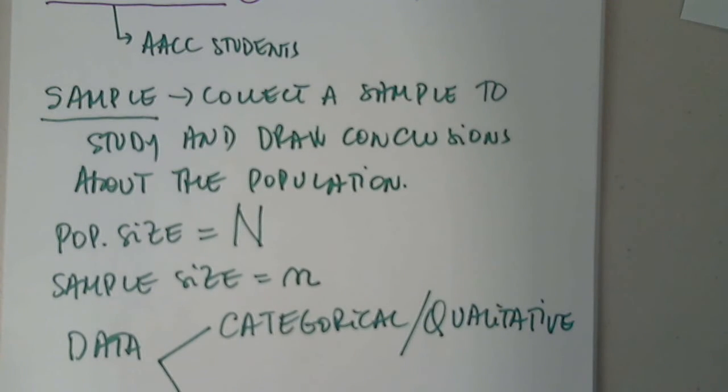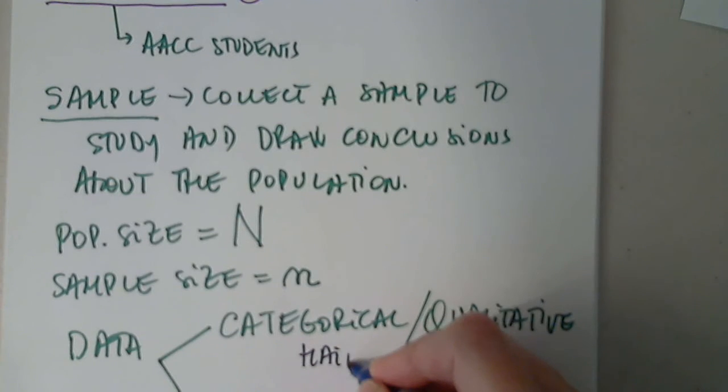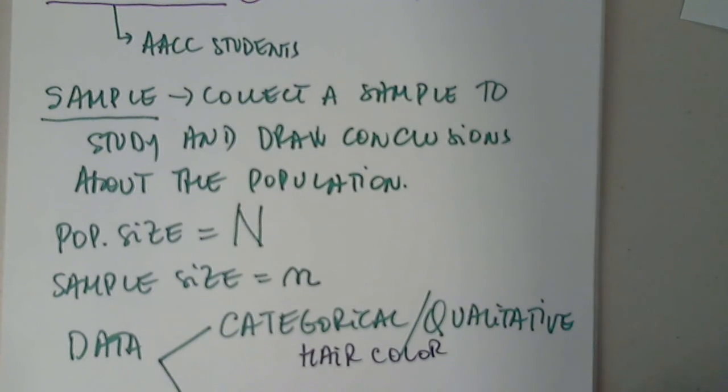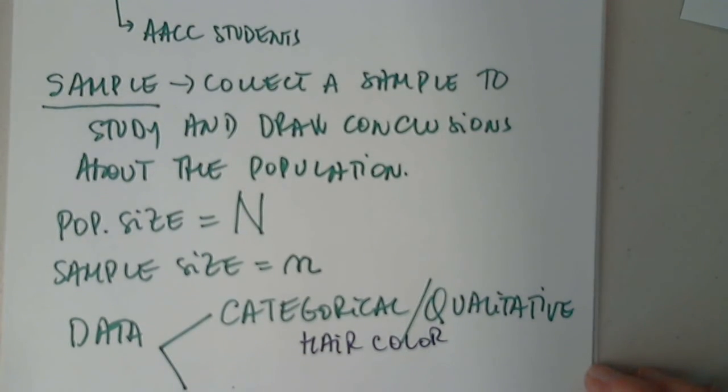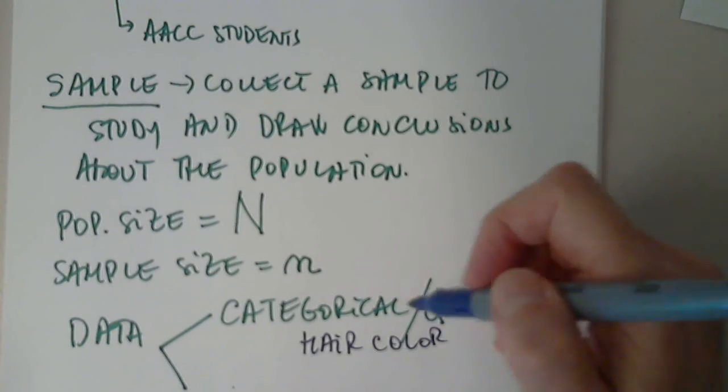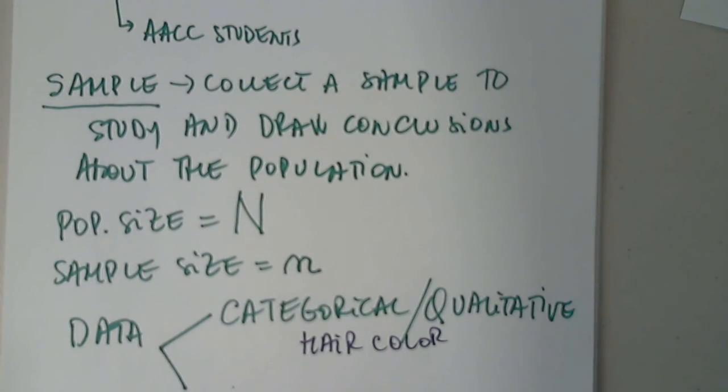Let's say we want to study hair color, for example. Categorical, qualitative, hair color. That is qualitative or categorical. We use these interchangeably. They mean the same thing.